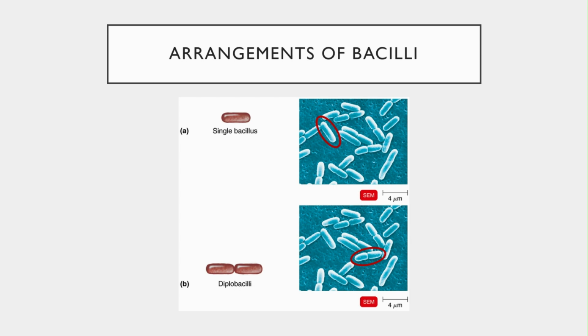However, in example B, we can see that these cells can often remain as partners, even as we see here in a full size. So these are referred to as diplobacilli. If you see in a culture that the vast majority of cells are diplobacilli, and for the most part, they look like full-grown cells, so if you see any single cells, they're not any bigger, you are likely looking at a true diplobacilli species.